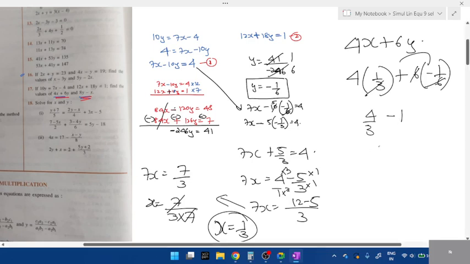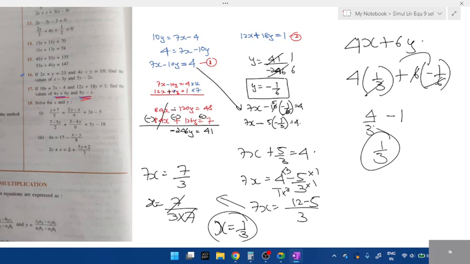Check the answer in the textbook. Is it 1 by 3? You should do the entire thing, not just that calculation. Check the answer.